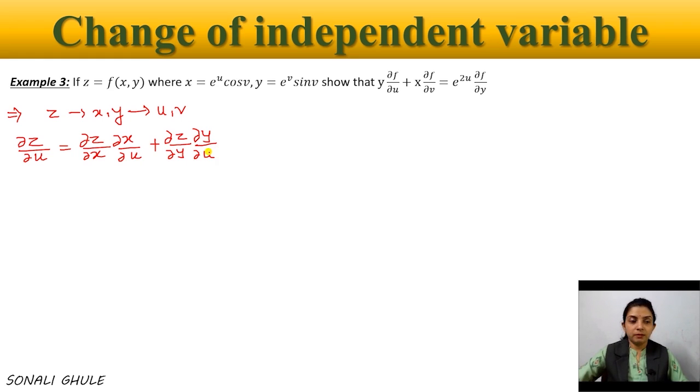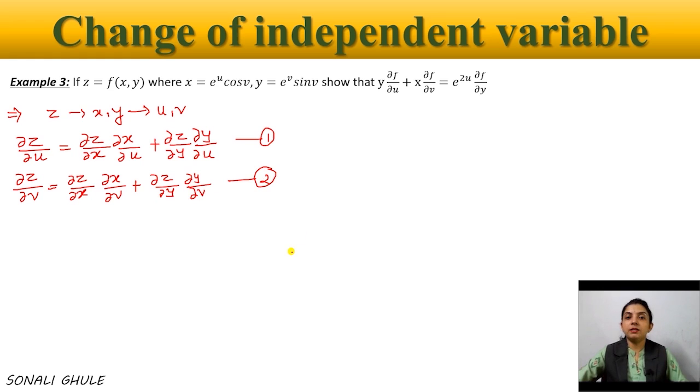Okay, say this is equation 1. Similarly here now we have to find z with respect to v also. So again using a chain rule, change the dependency, z with respect to x, x with respect to v, plus z with respect to y, and then y with respect to v. Say this is your equation 2.